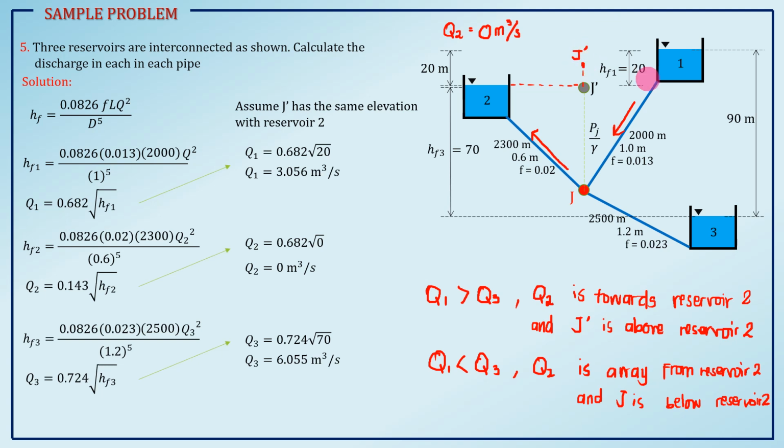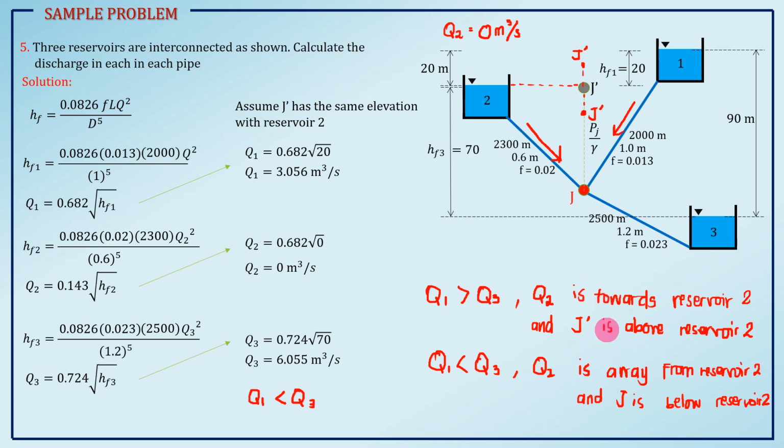But if you had checked that your Q1 is less than your Q3, what happened? Your Q2 will be away from reservoir 2. And your J prime is now located below reservoir 2. So, J prime is located here. Now, from the result of our assumption, Q1 is less than Q3.